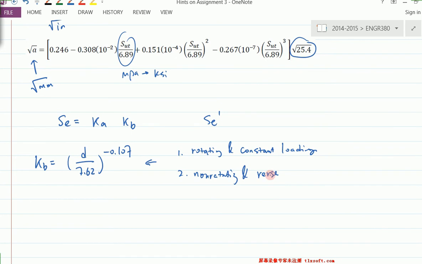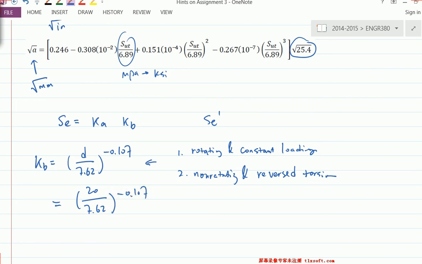So basically, that's the condition of this question. So your Kb will be just 20 over 7.62, okay, like this.